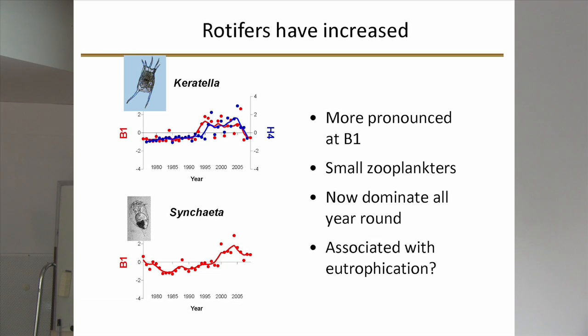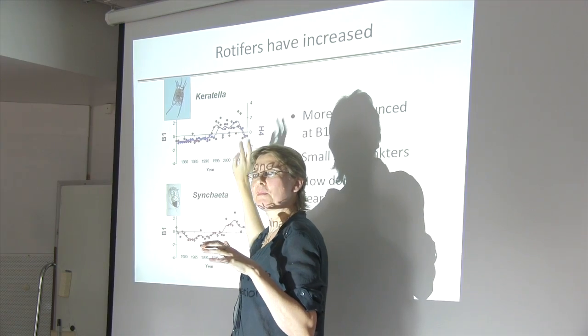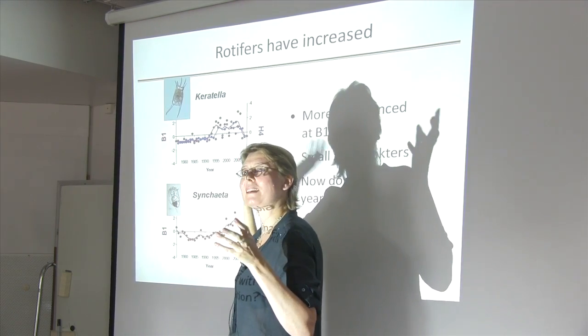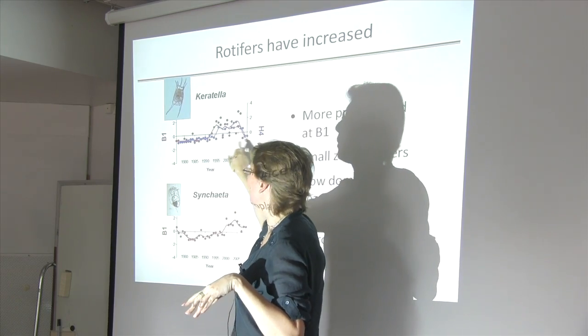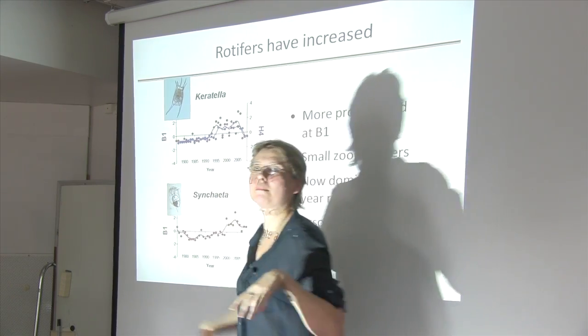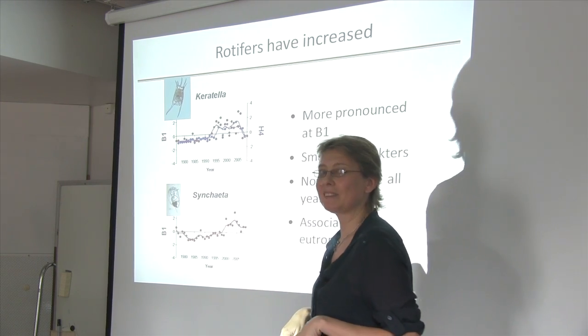What's happening now is that it goes back, at both stations. So the rotifer abundance today is back. There are a few years missing here that were not in the graph when I was making it, but now we know that we are back to the same level.